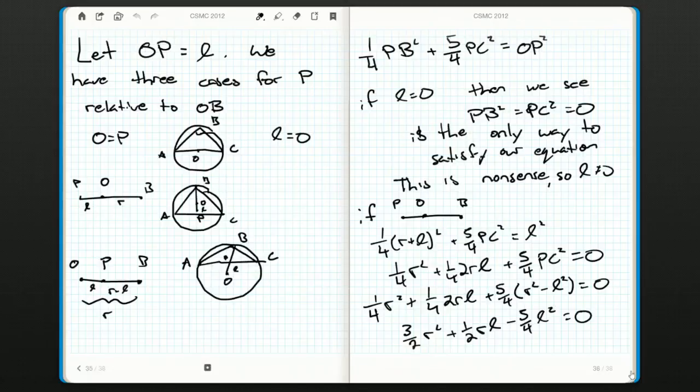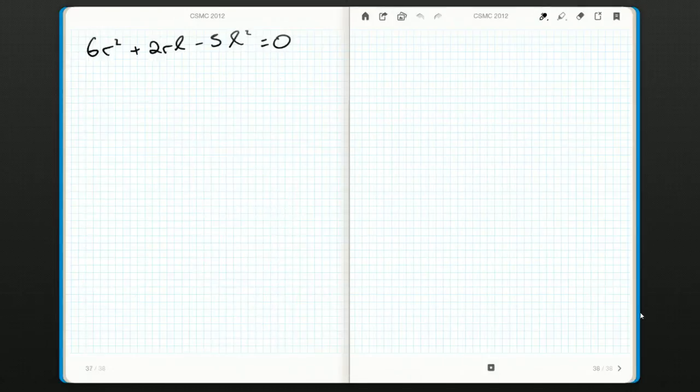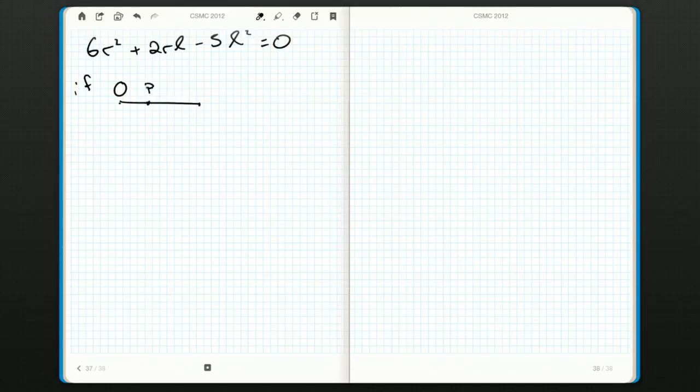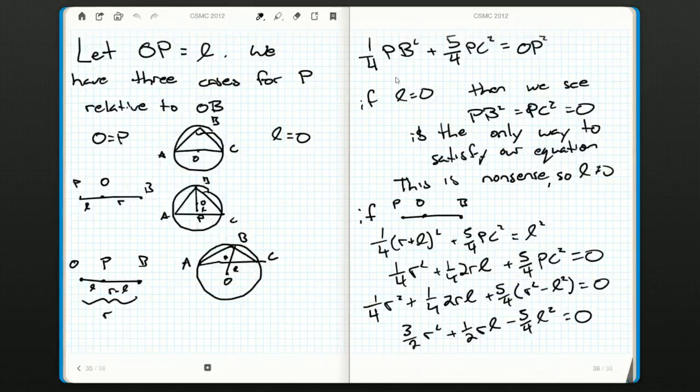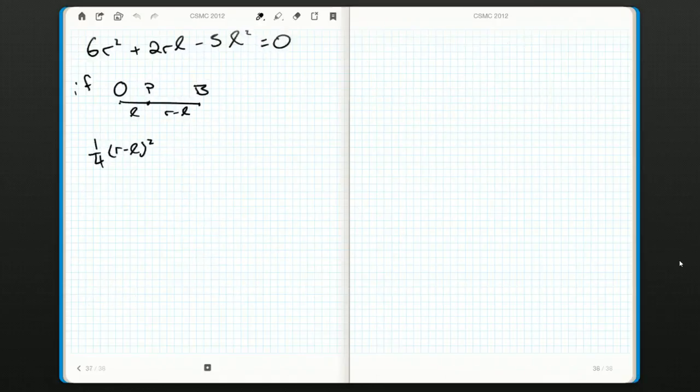But we have another case if we have OPB. We get an L, and then we get an R minus L. Then PB, so we get 1/4 R minus L, all squared. 5/4 R squared minus L squared equals L squared.